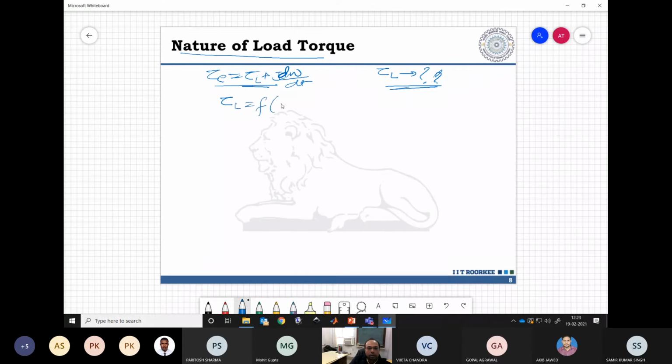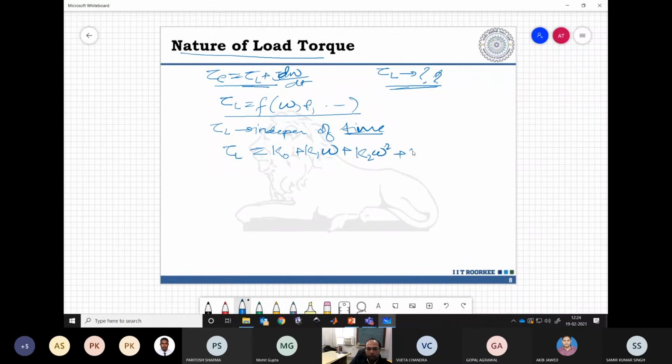This load could be a function of omega, time, etc. Here we will deal with quantities which are independent of time. So largely it will be dependent on omega. Let us say a generic term, if you try to write for the load torque, it could be of this form. This could be the most generic form in which a load torque can be expressed.